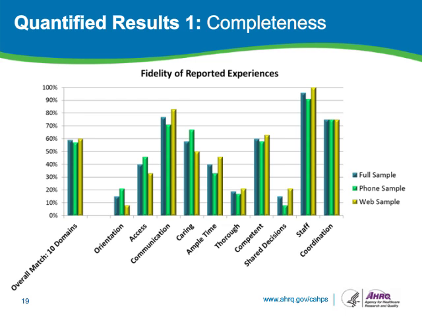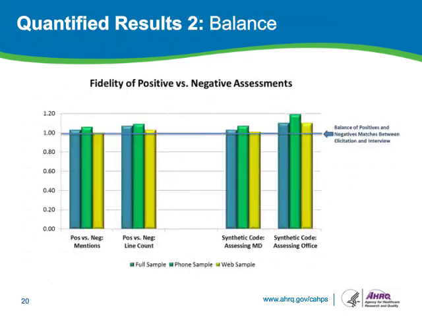Next slide, please, Bria. So the second criteria, if you remember, is balance. That the positive and negative mix that's described in the elicitation matched that of the interview. This was such an important area. We measured it in a bunch of different ways, and you'll see there's 4 different clusters on this graph to reflect the 4 different measures we used.